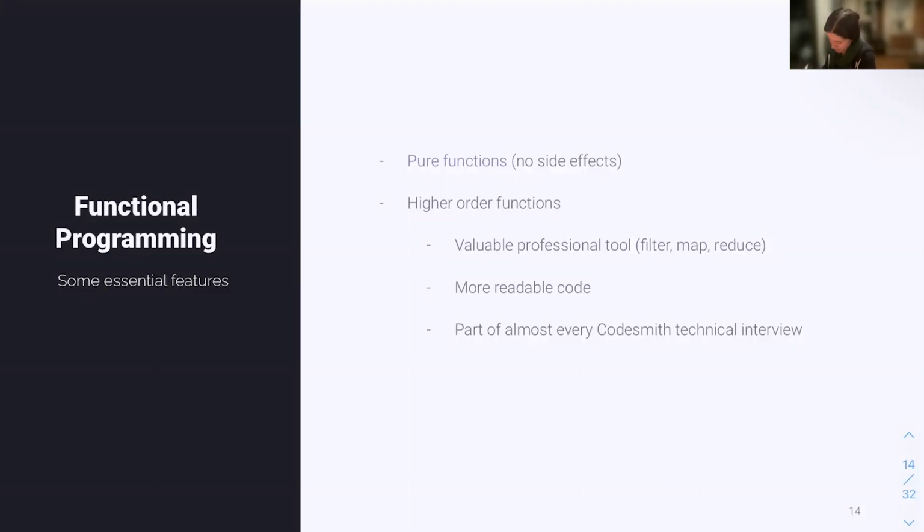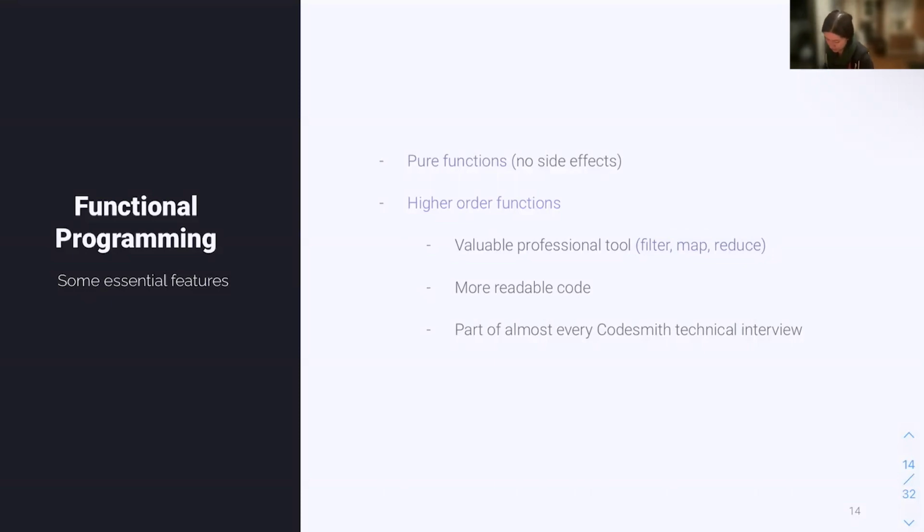Also, in functional programming, we have higher order functions, one of the topics of today's workshop. We will get to this definition in a bit, after we go through our diagrams. But for now, know that this concept of higher order functions is what's behind these high-level built-in functions: filter, map, reduce, forEach, things like that.